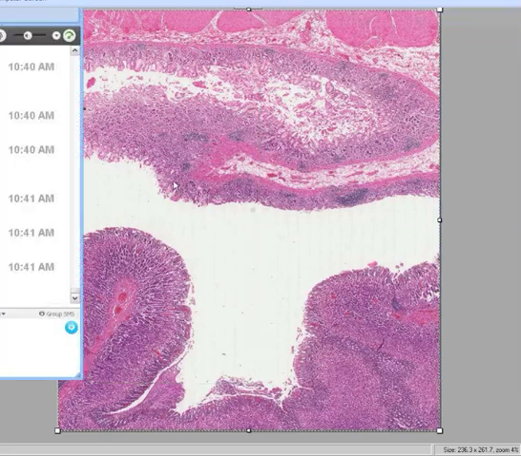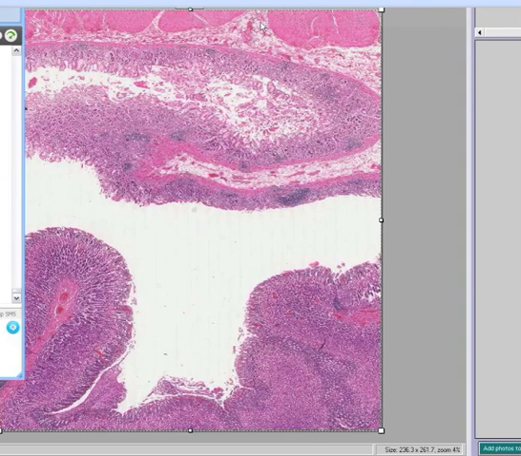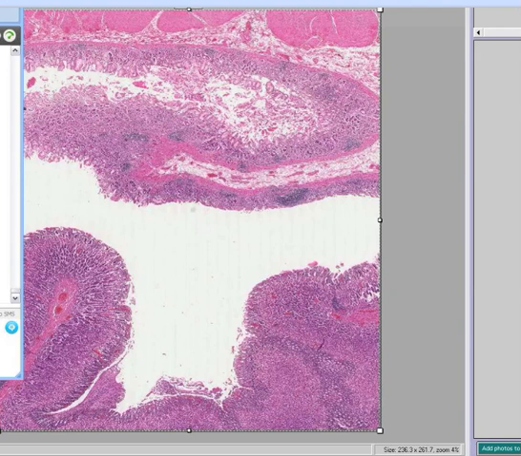Folks, let's say you agree easily that this is some part of the GI system. And you could see that there is some kind of mucosa. You can see a bunch of muscle up here. You can see a lot of nice loose vascular submucosa. And you could see that the mucosal pattern does not look papillary or villous like a small bowel.